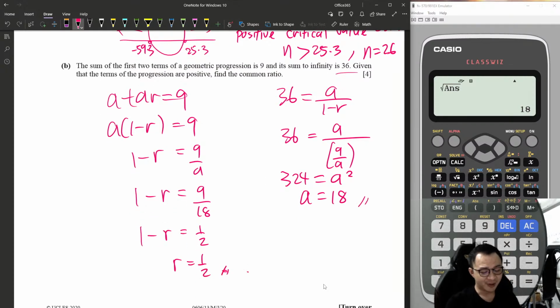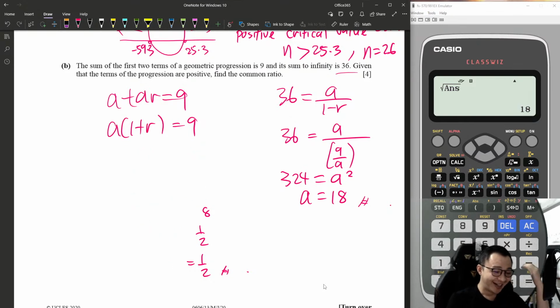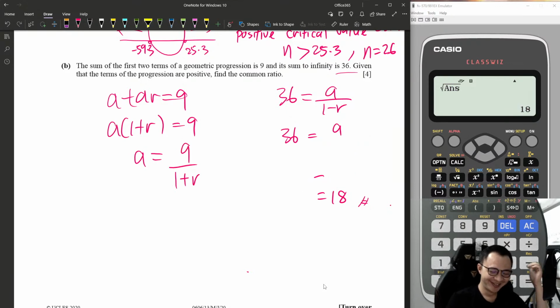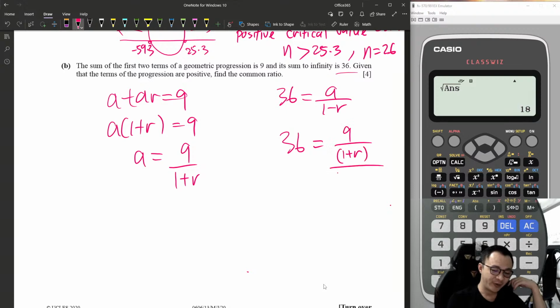Done. You can just substitute whatever you want as long as you do the simultaneous equations. Oh my god, it's 1 plus. I don't know why recently I keep adding the minus by myself. Is it some disease? Okay, let's redo it. This is 9 over 1 plus r equals 36 over 1 minus r.